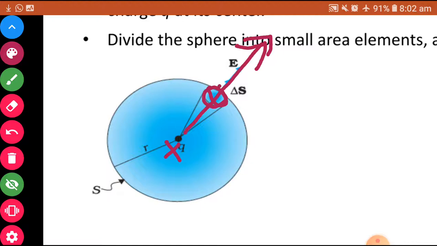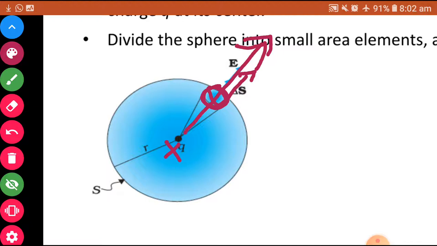So if you consider this small surface delta S, then its area vector will also be in the direction of electric field because it is perpendicular to the surface. This is our understanding.